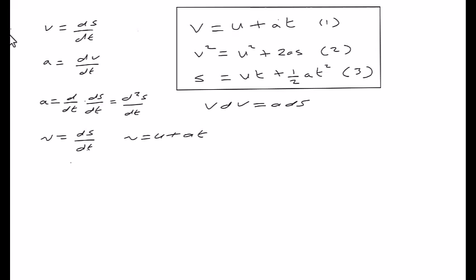We substitute this into this equation and we get ds by dt is equal to u plus at. And now what we do is we take the dt over. So we've got ds is equal to (u plus at) dt.